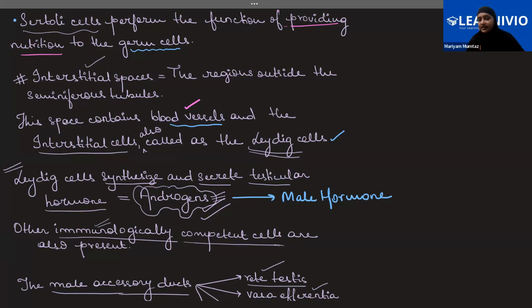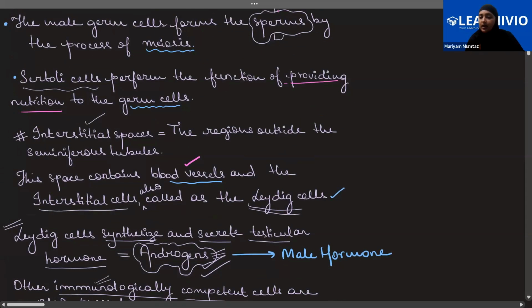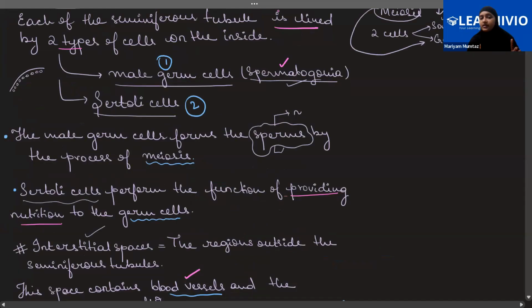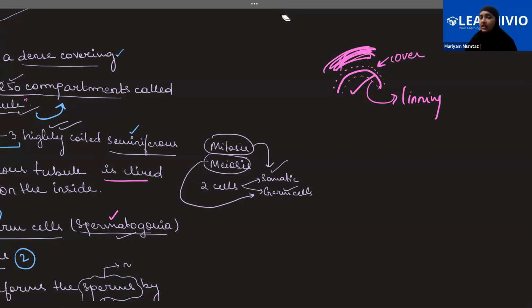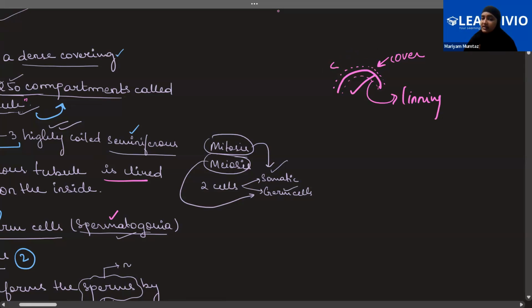Now we are talking about this area, the region outside the seminiferous tubule. We discussed this area, now we're talking about this area. This area has the interstitial spaces, and these spaces have the Leydig cells present.